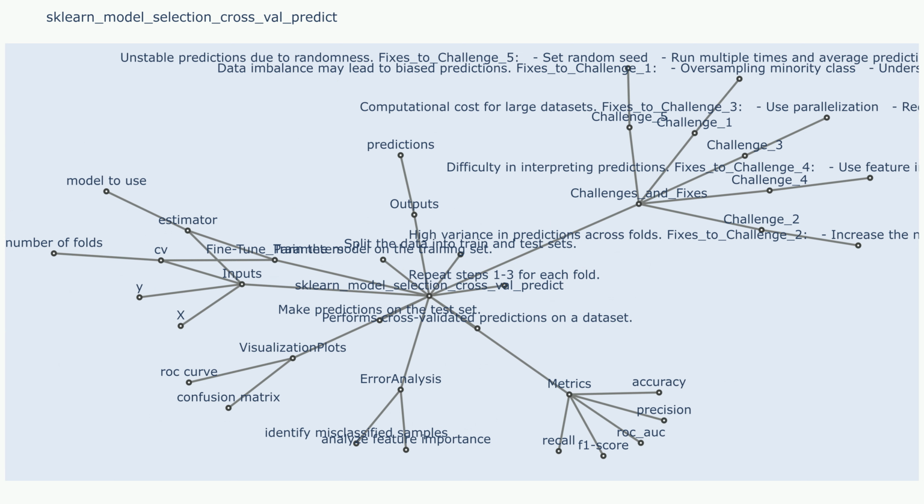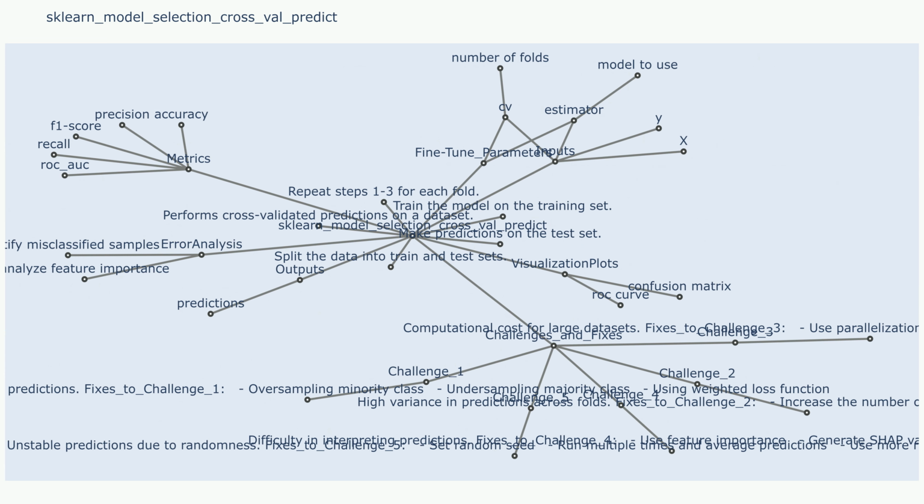CV. This specifies the cross-validation strategy. It can be an integer, specifying the number of folds in a standard k-fold cross-validation. Or it can be an instance of a cross-validation generator from scikit-learn. This determines how the data is divided into training and validation sets during the cross-validation process.